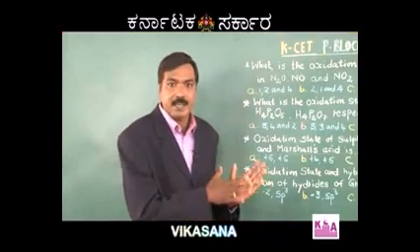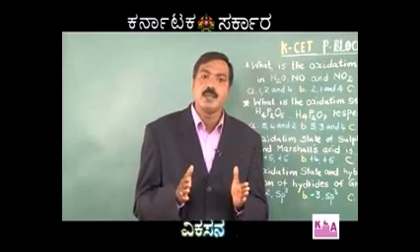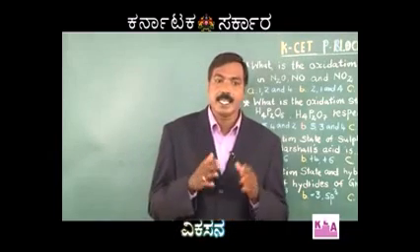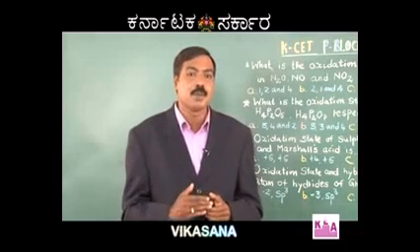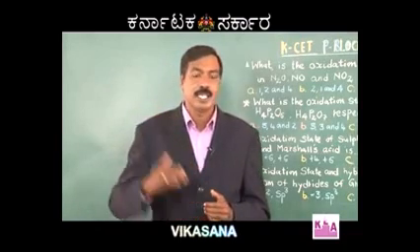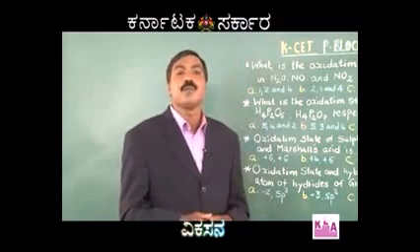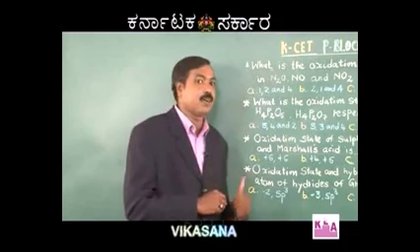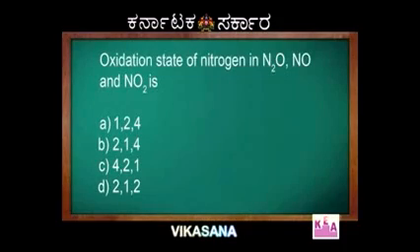But here, the tip I want to give you is that nitrogen, the first element of group 15, has oxidation states ranging from -3 to +5, the highest oxidation state being +5. If I work this numerical with N2O, NO and NO2, the answers have to fit into this range of -3 to +5.